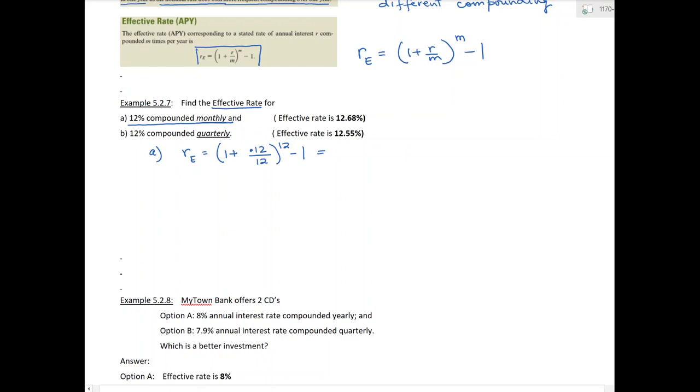So it's a simple matter of using your calculator, and if you do it, you're going to get 0.1268. That means it's 12.68%. So a 12% interest compounded monthly actually is 12.68% annually.